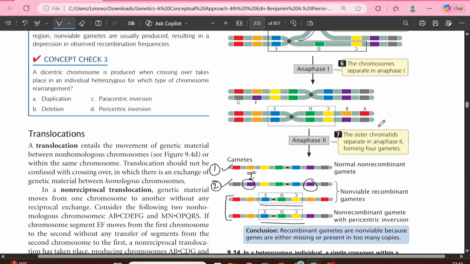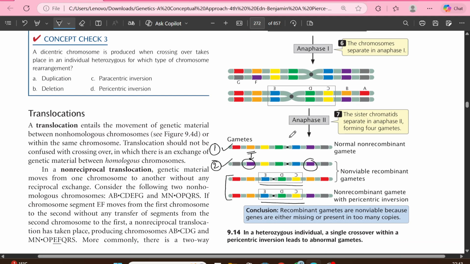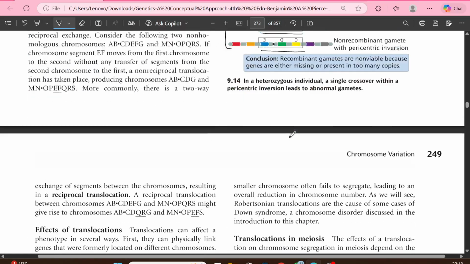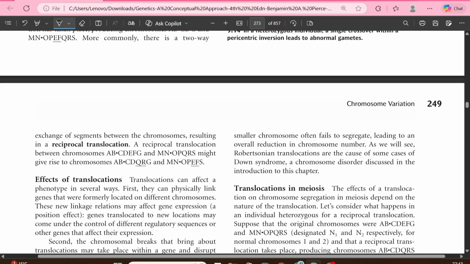Now lastly, we have to discuss the translocations in the structural chromosomal rearrangements. So translocations are basically rearrangements in which the segments are exchanged between non-homologous chromosomes. Now we should not move into much detail of this, but yes, you should know that these translocations occur in a way that, let's say, assume this is one chromosome and this consists of A, B and C genes, and this chromosome consists of P, Q and R genes.